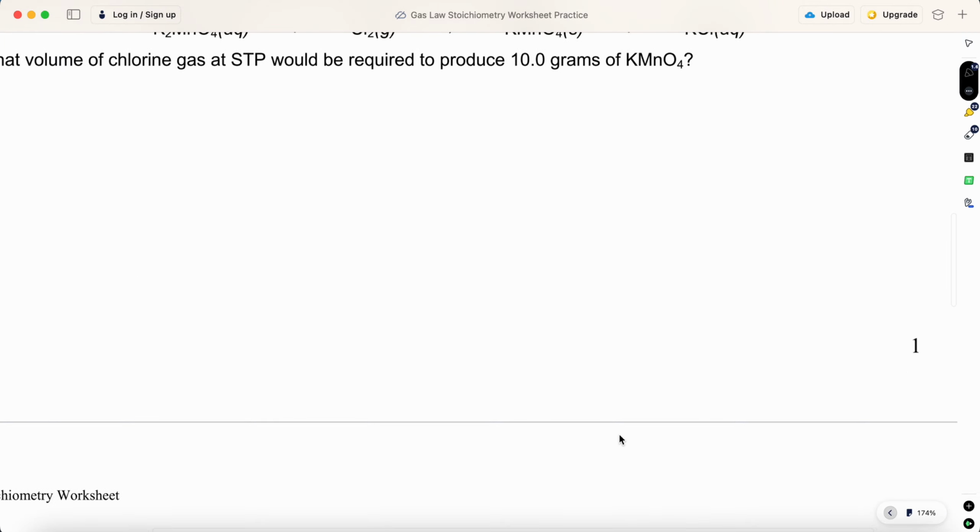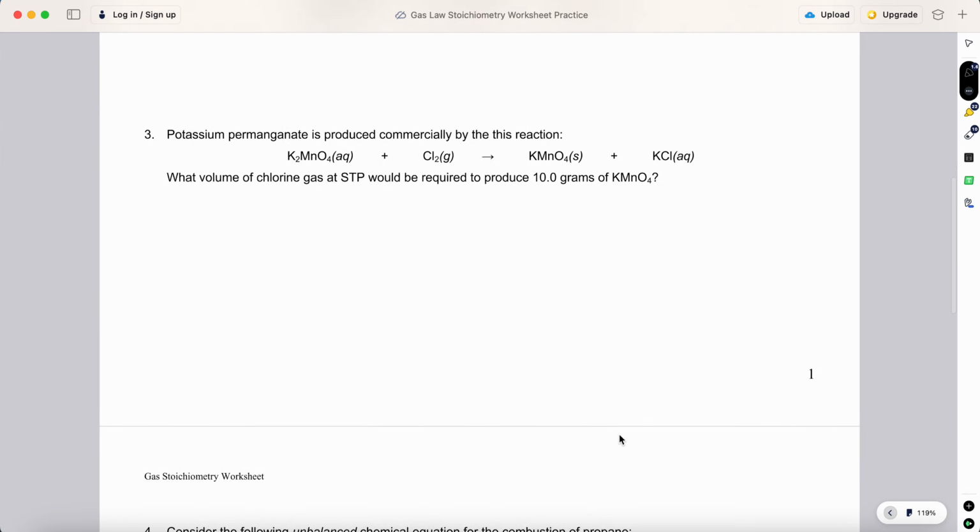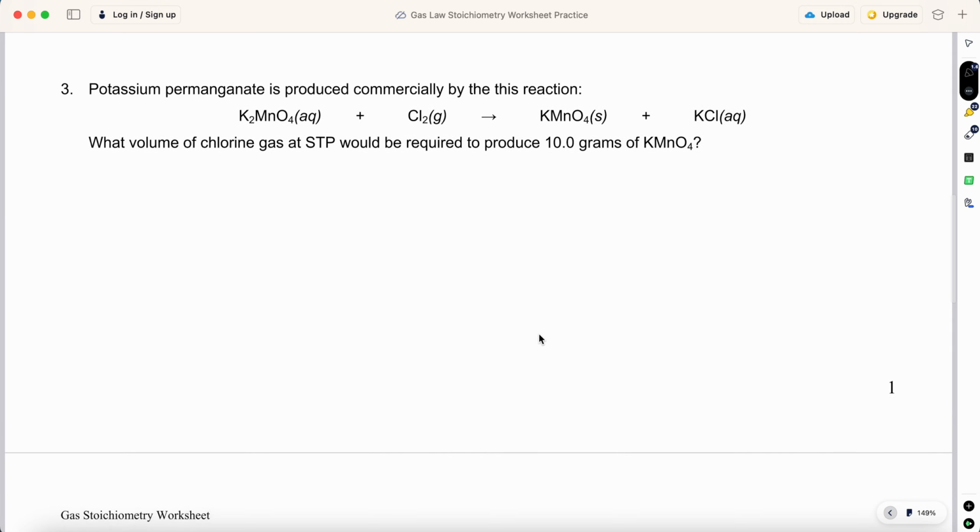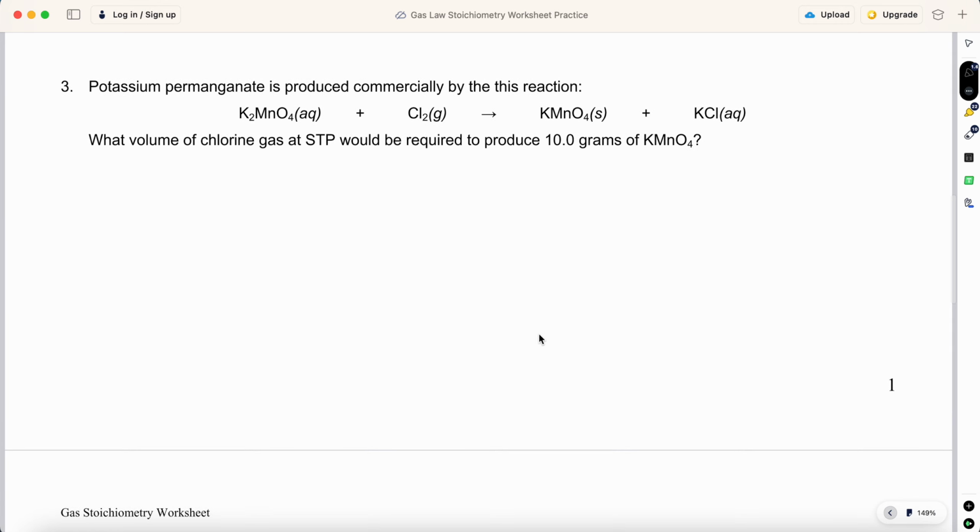For the third problem, we have potassium permanganate, which is produced commercially by the reaction. What volume of chlorine gas at STP would be required to produce 10 grams of KMnO4?